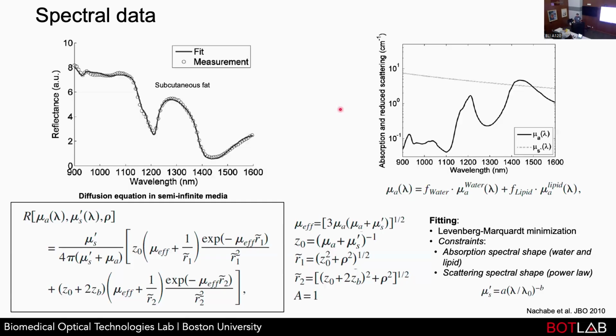As I mentioned in my earlier lecture, within the diffusion approximation you can calculate the isotropic component plus the flux component, even across the boundary.